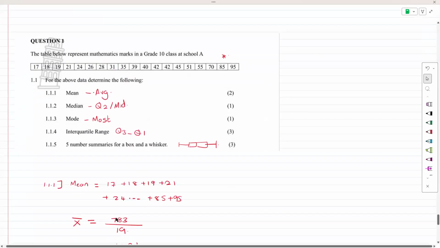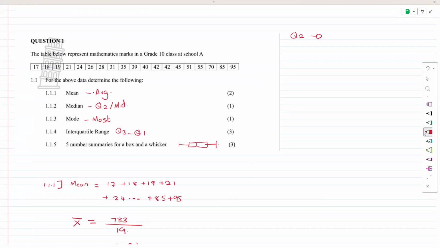Okay, so when we go with the median, we can use my formula, right? The formula Q2, I just want to show you guys what it is. We're going to use Q2, Q1, and Q3, right? For Q1, technically we use 1 over 4 times n plus 1.